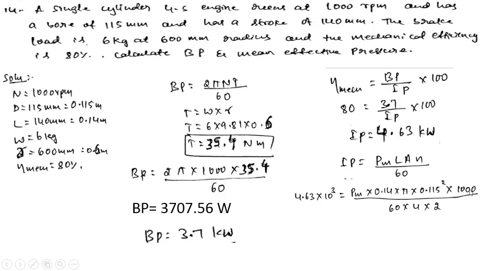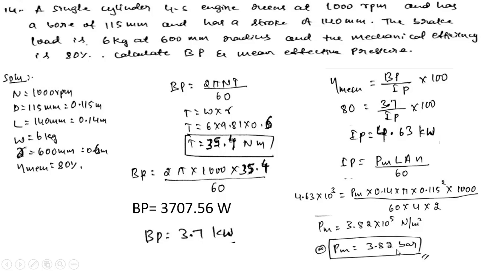Speed of the engine is 1000, divided by 2, and this 60 you can write as it is. This 4 is related to area, pi d square by 4. So simplify this, you will get the mean effective pressure as 3.82 into 10 power 5 Newton per meter square, or you can express this mean effective pressure in terms of bar, that is 3.82 bar.